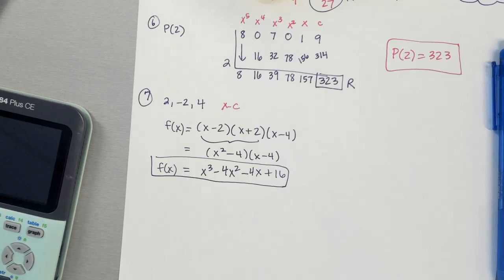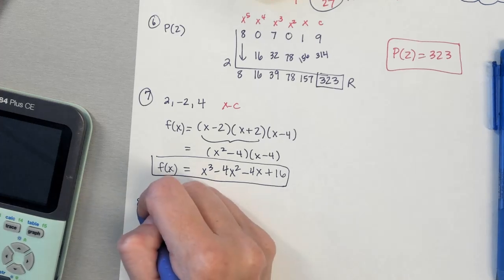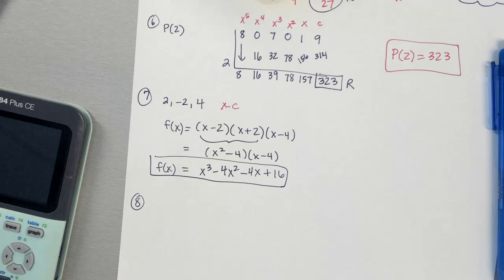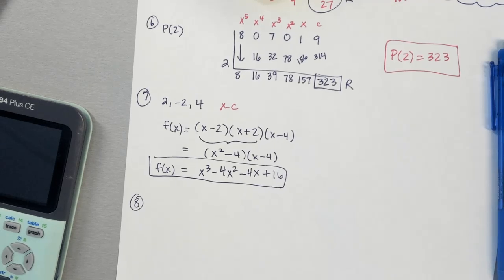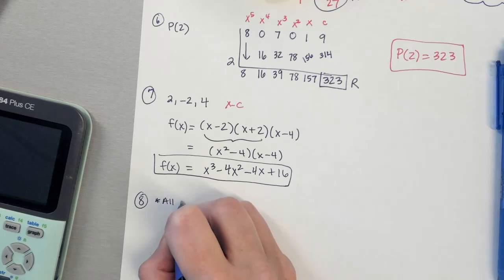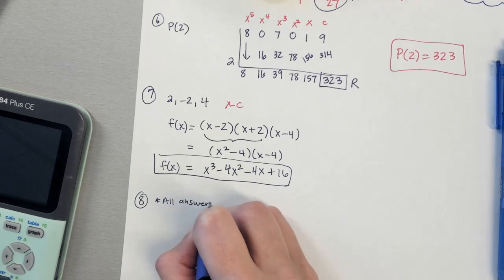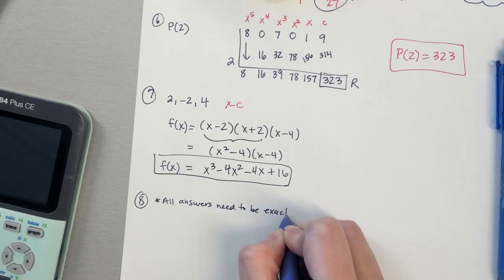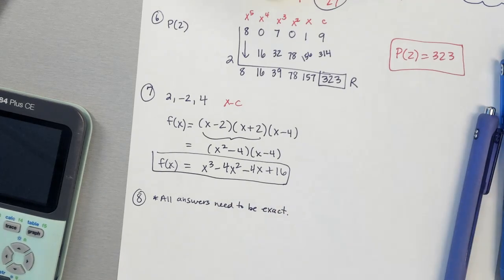All right, and then your last one, 8, says find all of the real zeros of the polynomial. Use the quadratic formula if you have to. For ones like 8, all your answers need to be exact. So for ones like 8, you're going to start by doing what?